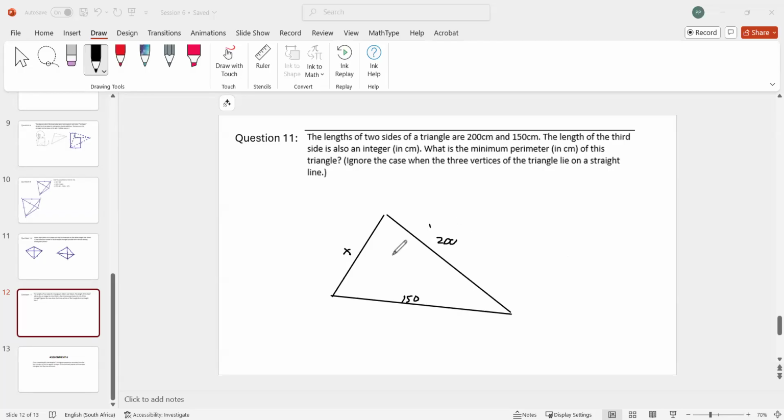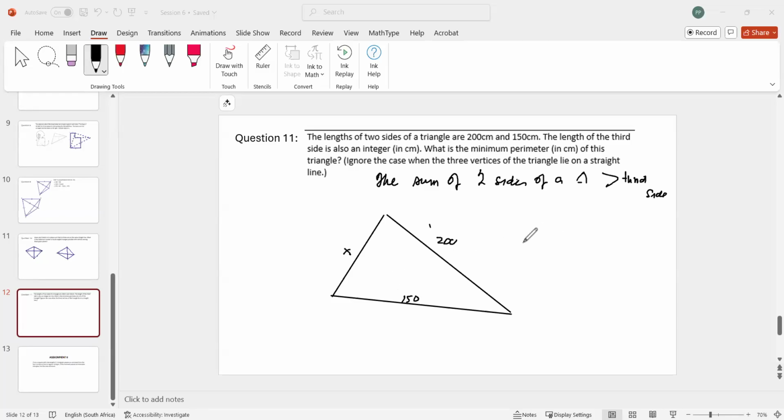Because in a triangle, the sum of 2 sides of a triangle is always greater than the third side. Very important. Use this many times. Sum of two sides of a triangle is greater than the third side. It's called a triangle inequality.